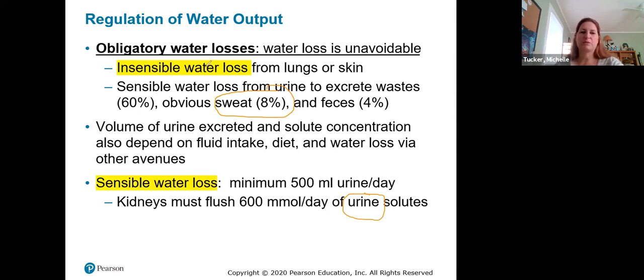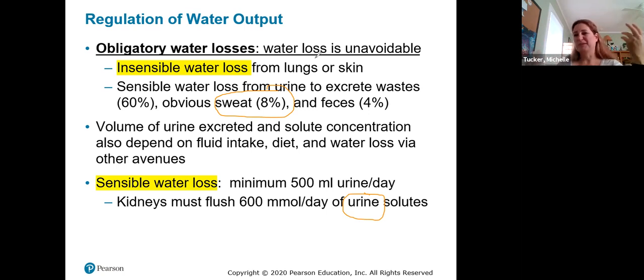Insensible water loss is water loss that you cannot feel. When air comes into our lungs, we humidify it, so we increase water vapor. Then when we exhale, some of that is recaptured, but a lot of it is released back into the air. If you think about when it's really cold and you're breathing out and you can see your breath, that's your breath crystallizing in the air.